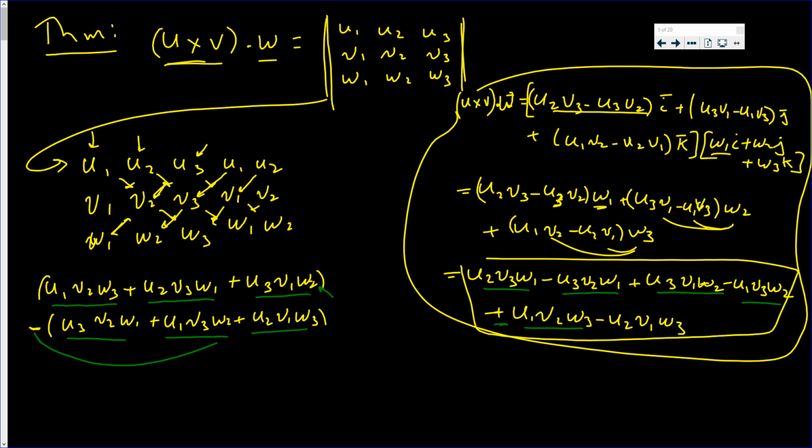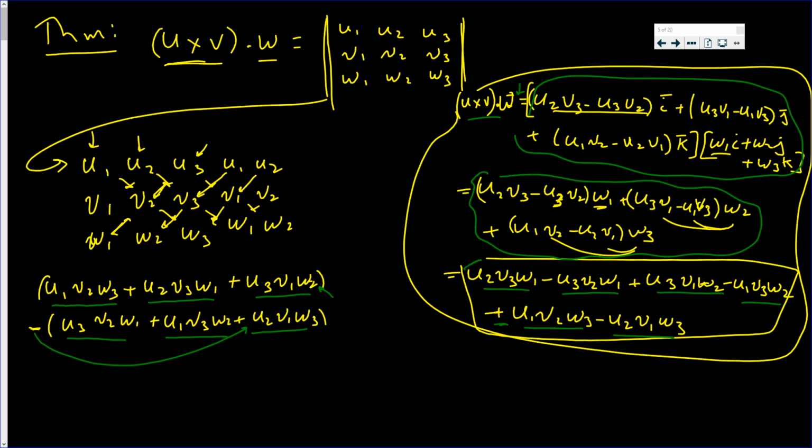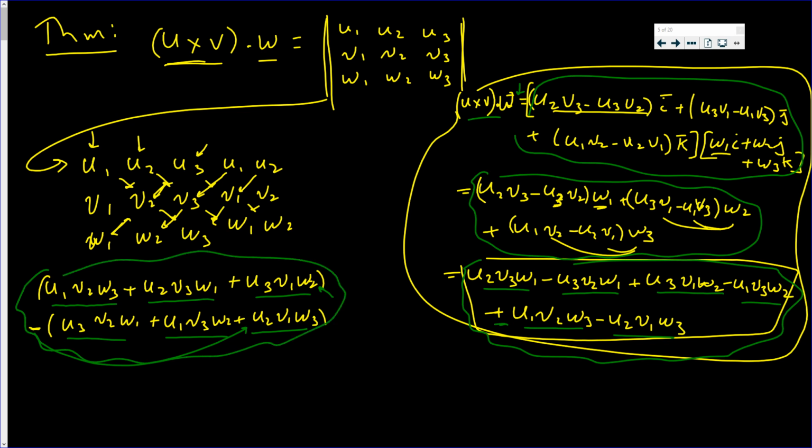Remember, we have to minus that. U2 V1 W3, which is this. They're exactly the same. Okay, that is, this is equal to this mess, which is equal to this mess, which is exactly that determinant.